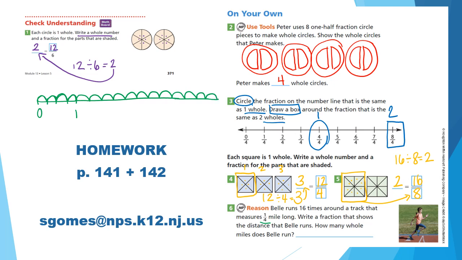So let's take a look. Every time that I have 4 parts, I have a whole. So 1, 2, 3, 4, that's 1 whole. 1, 2, 3, 4, that would be 2 wholes. 1, 2, 3, 4, that's 3 wholes. And then 1, 2, 3, 4, 4 whole miles.